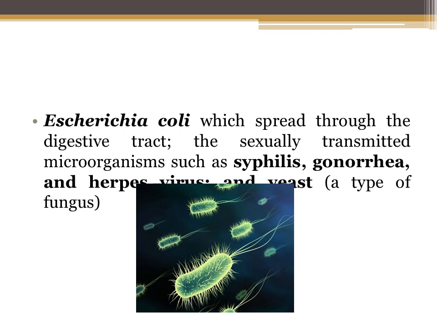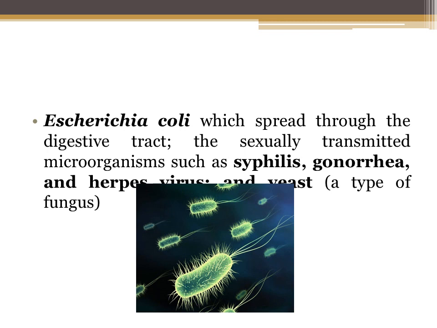Now, all right, the picture was moved. So now they have the Escherichia coli. I'm sorry, I wasn't able to pronounce it correctly. But in short, it's E. coli. So Escherichia coli is also known as E. coli, which spreads through the digestive tract, the sexually transmitted microorganisms such as syphilis, gonorrhea, and herpes virus, and yeast, a type of fungus.